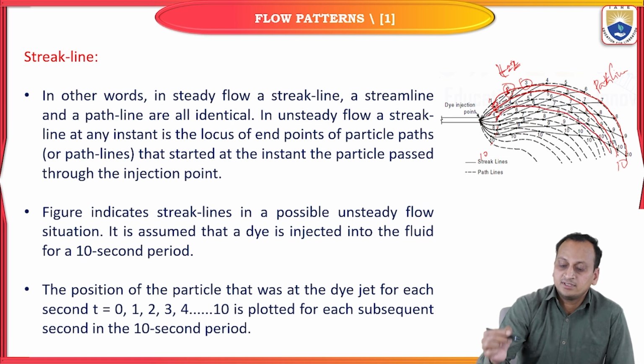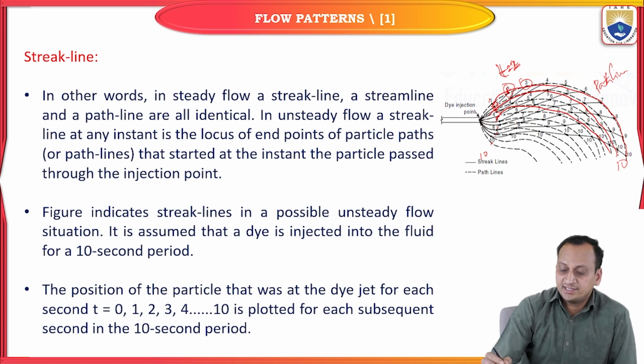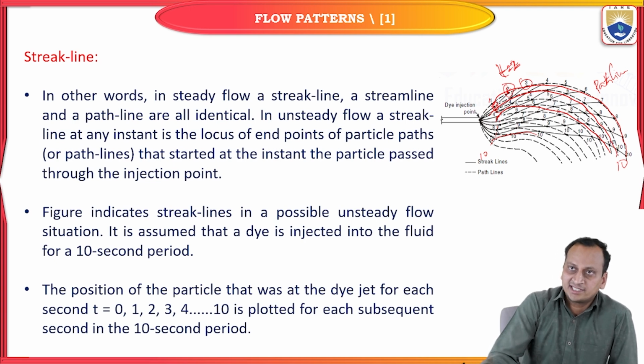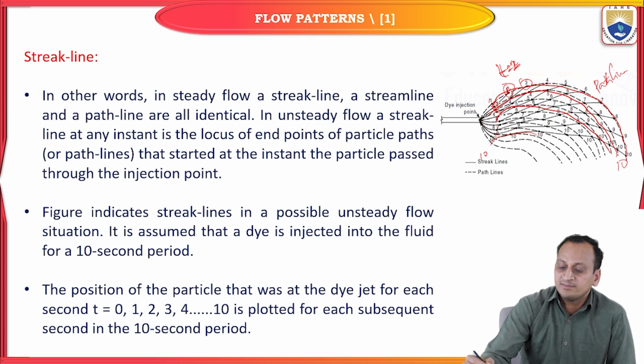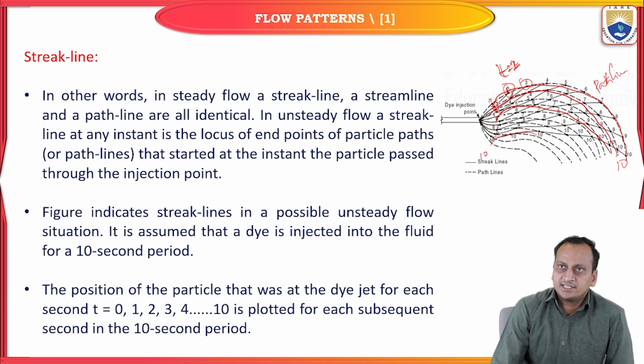Similarly, the path line of a third fluid particle. So these are the path lines of fluid particles injected at different seconds. If you inject a fluid particle at the fourth second, for the remaining 6 seconds we will follow its path. Therefore, that is a path line.